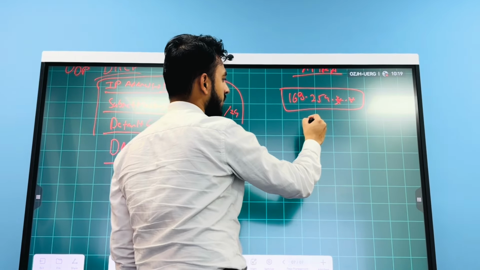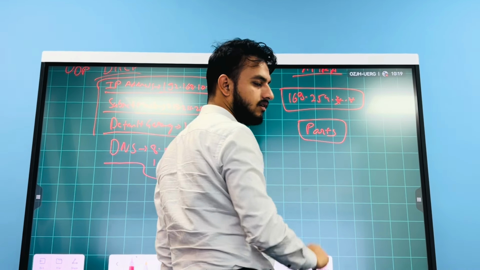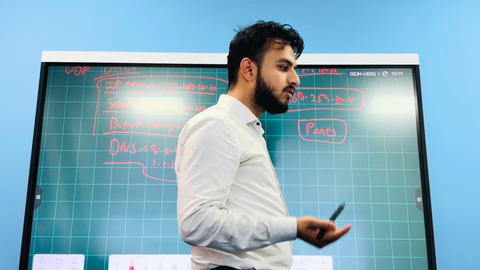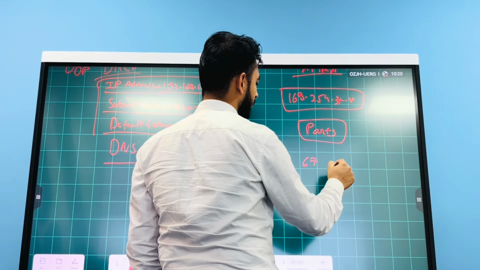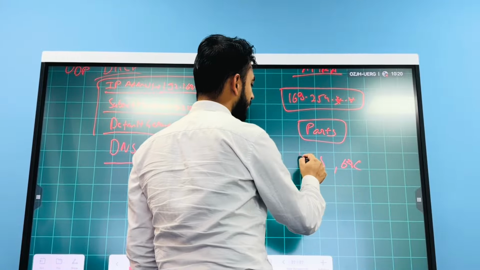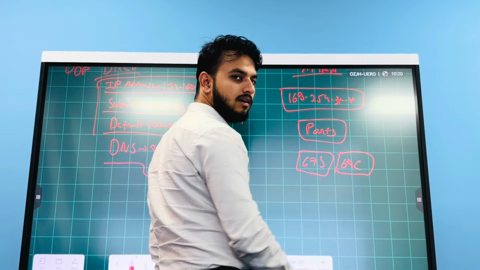One more thing, the ports used by this DHCP protocol, because every protocol must use some port. The fixed ports for this protocol are 67 and 68. Why 67? This is used by the server and 68 is used by clients.